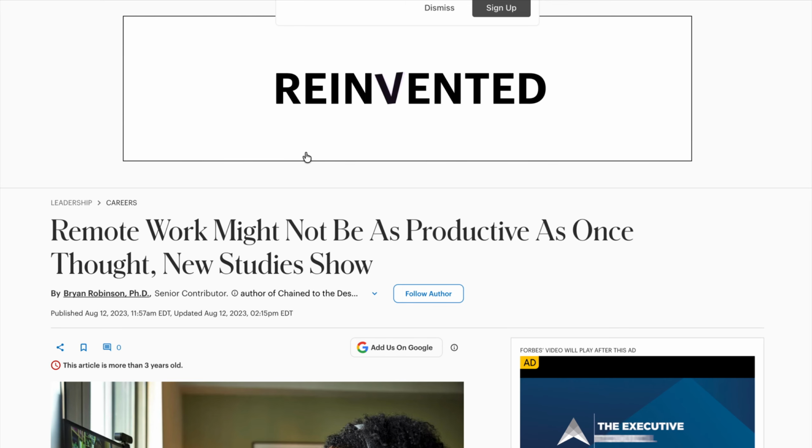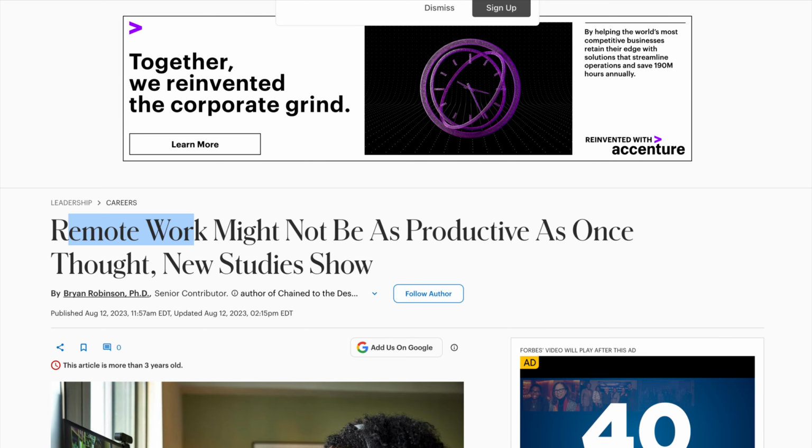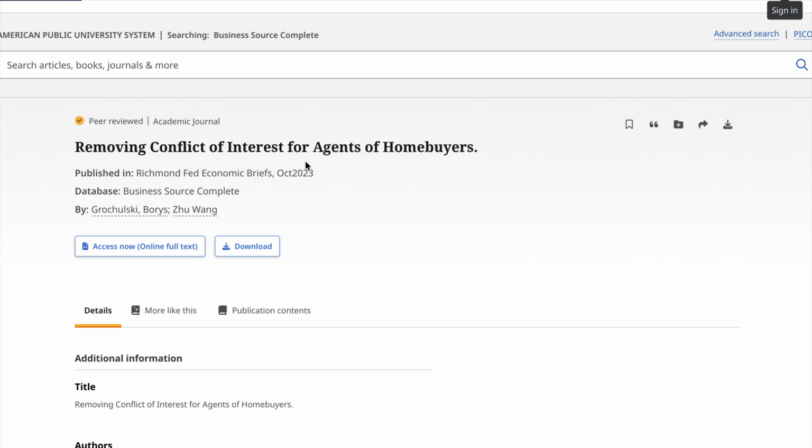And so the first one will be about remote work, which is something I can really identify with. The second one would be actually about real estate agents. I find this a little interesting because they can be quite pricey.